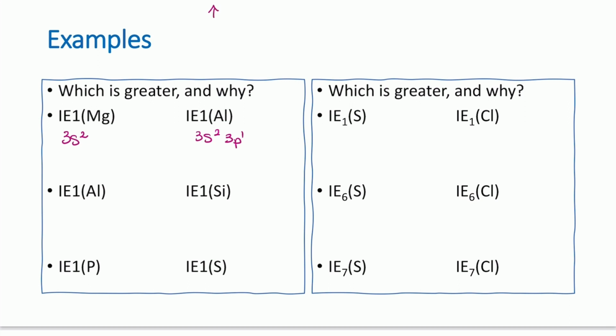Write out 3s, 3p. It's for magnesium. And for aluminum.